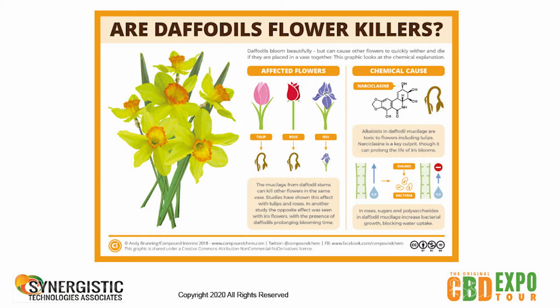For example, roses and tulips will kill daffodils through two different processes. One goes through a process where it actually makes something that's a poison that comes into the daffodil, poison to the daffodil, not to the other flower. And the other one will coagulate with sugars, and that will clog up the bottom. It doesn't get any water, and so now it dies.